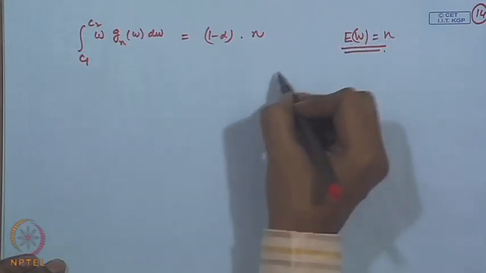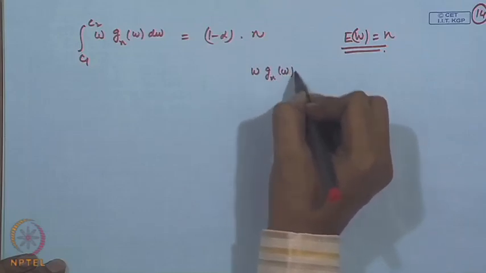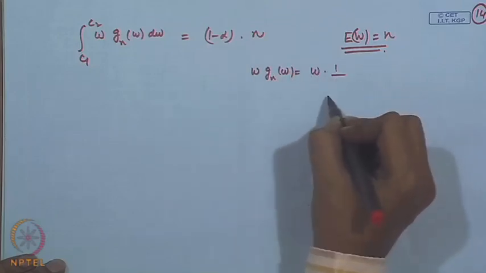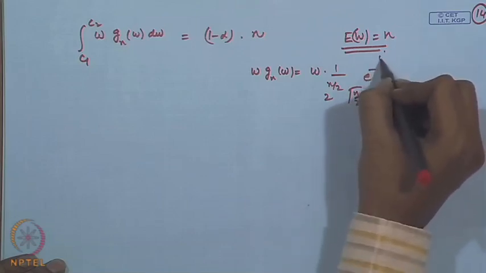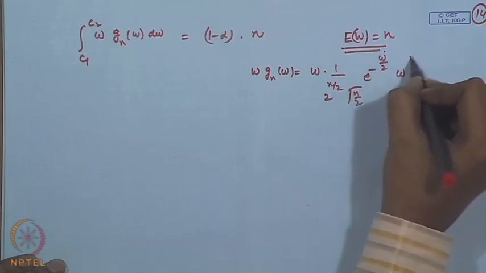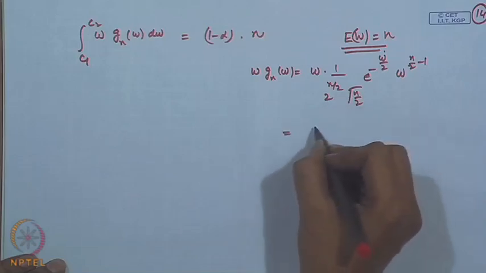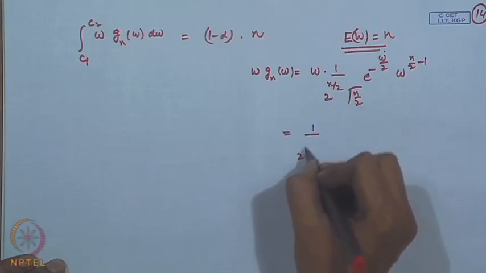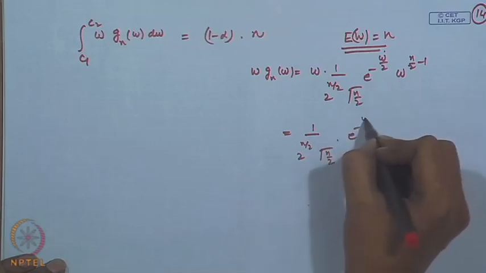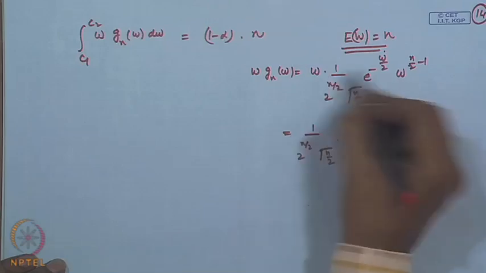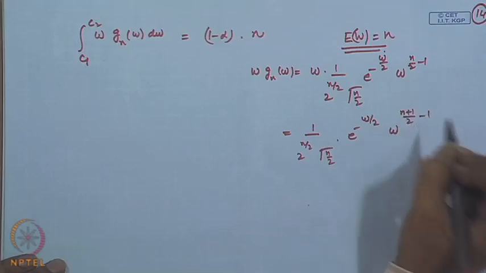So, if we consider the density of chi square on n degrees of freedom, that is 1 by 2 to the power n by 2 gamma n by 2, e to the power minus w by 2, w to the power n by 2 minus 1, then this is equal to 1 by 2 to the power n by 2 gamma n by 2, e to the power minus w by 2, w to the power, now one power is getting added. So, this will become n plus 1 by 2 minus 1.